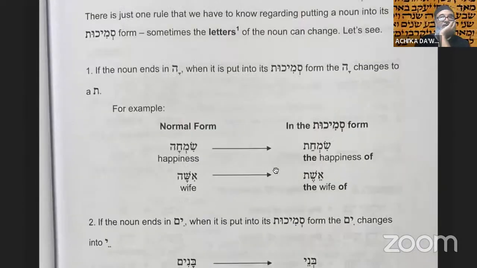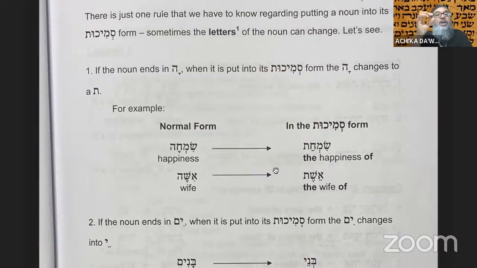So here it is. Even in this rule, there's just one more rule that we have to know regarding when you put a noun into a semi-coup form. When you put it in that formula, there's just one other rule that you need to understand. The rule is very simple.